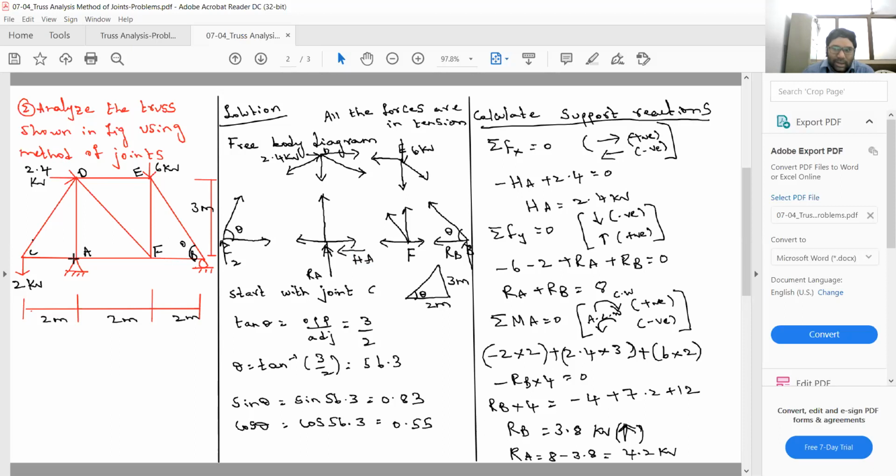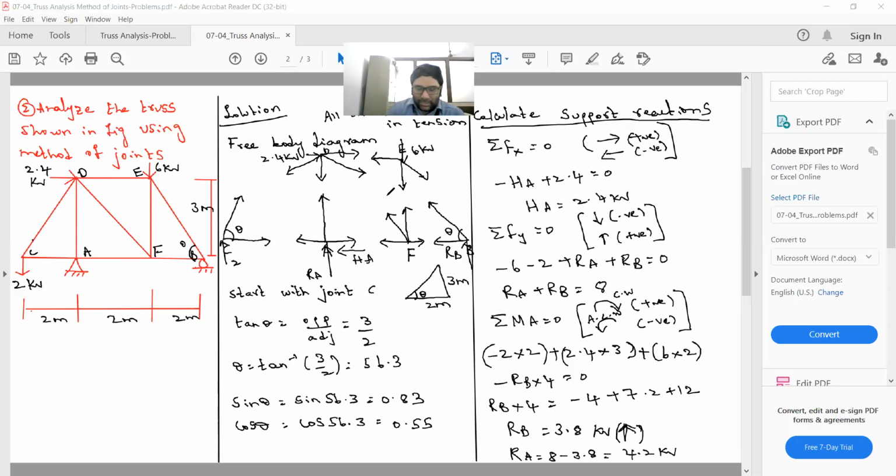We have just calculated AD and CD, and the unknowns are ED and FD. So how do we get them? Again, equations of equilibrium. Okay.